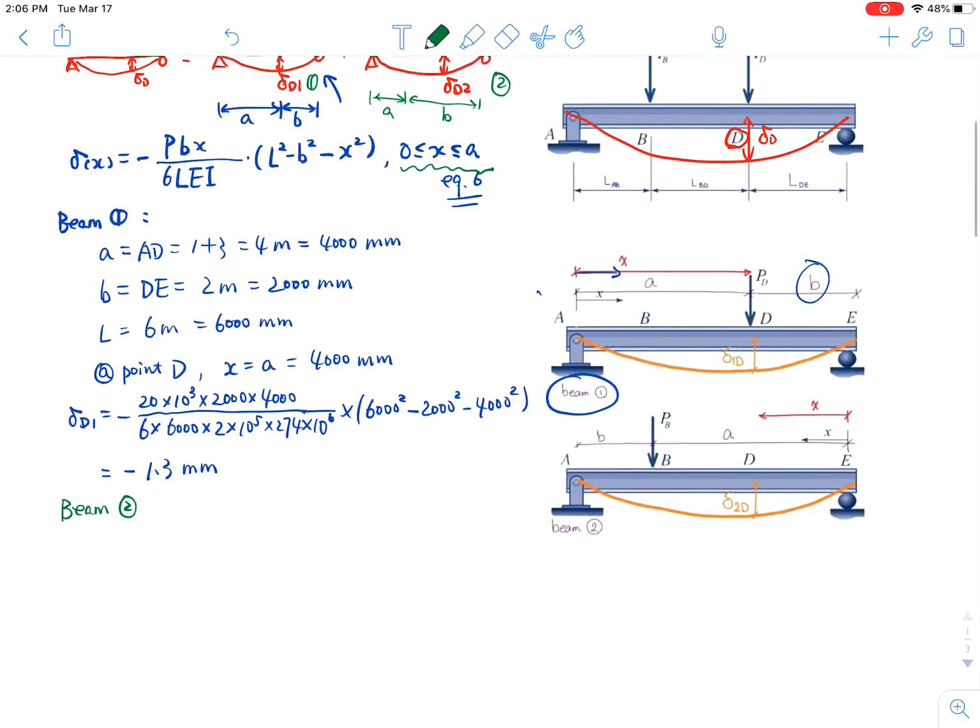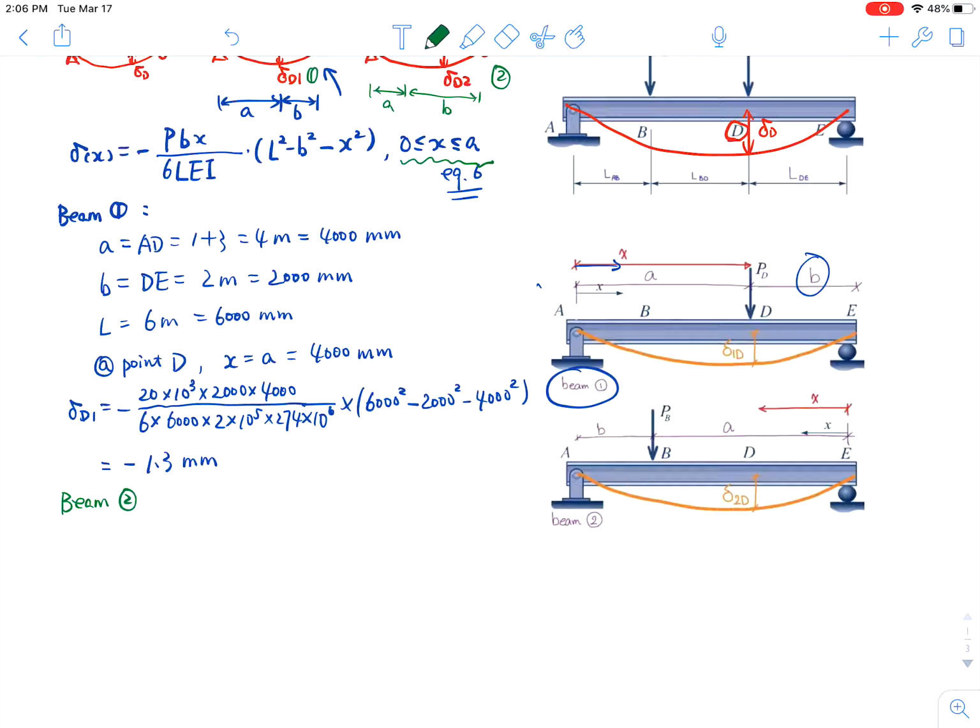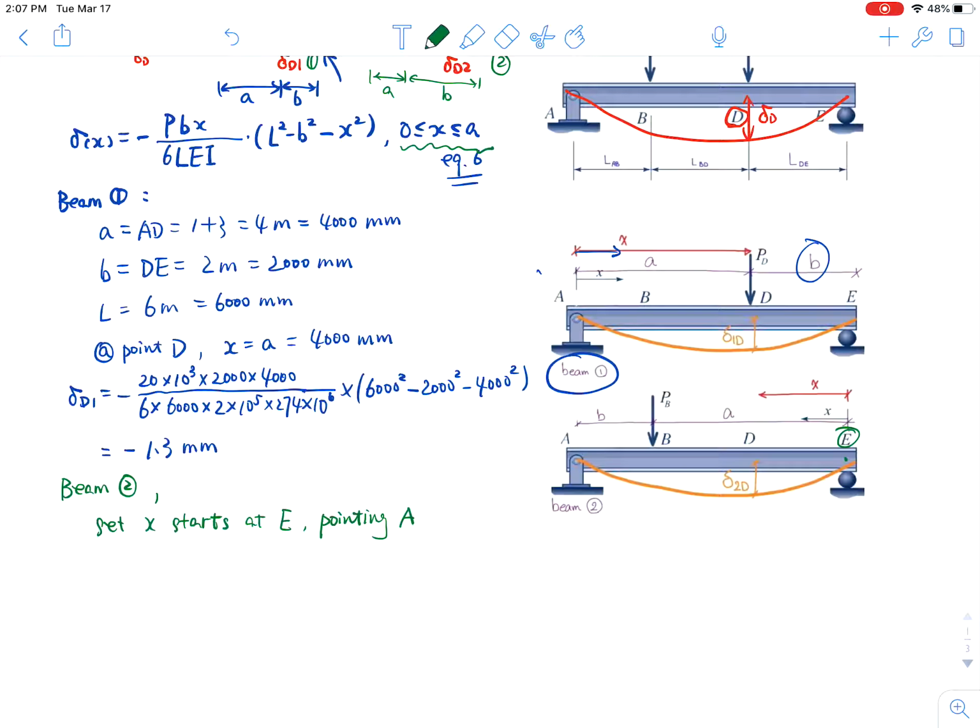The change we're making is to set point E as the origin of the x coordinates. So x starts at E pointing toward A. This is the opposite x direction as compared to beam 1. In this way, when the PB is added, A will be here and B will be here.